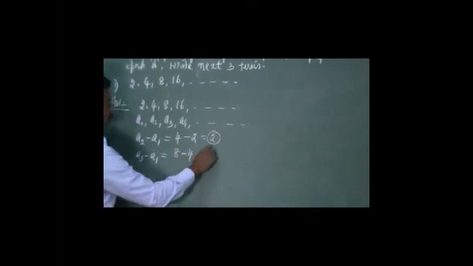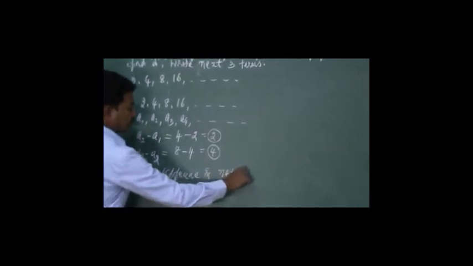So 4 minus 2 is 2. Let us find out A3 minus A2. So A3 is 8 minus A2 is 4. 8 minus 4 is 4. It's enough. Don't find out A4 minus A3, no need, because to define an AP, first three terms are enough. First three terms of the given sequence is enough.